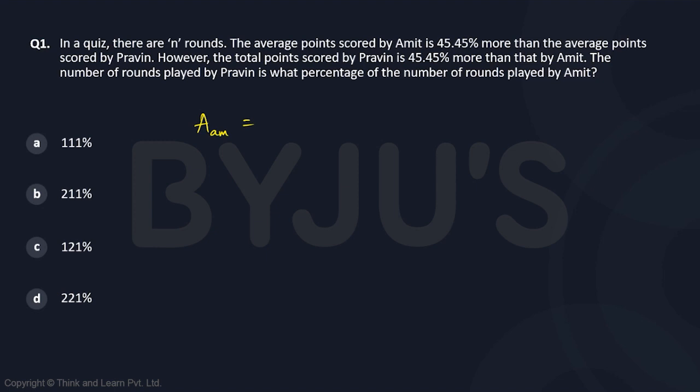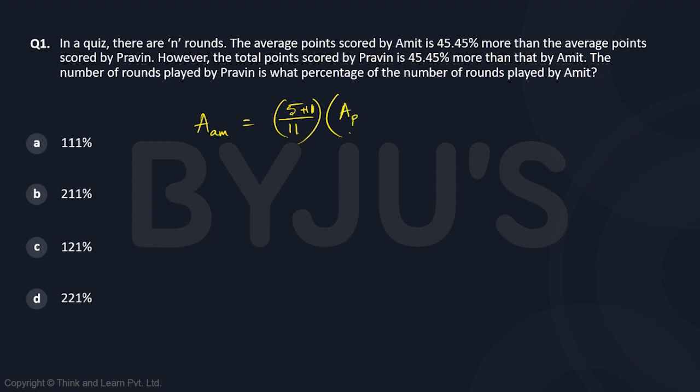It is 4 by 11, because 45 is a multiple of 9. So 5 by 11 more than the average of Praveen, and more than means plus, so 1 plus 5 by 11, which makes it 16 by 11 of the average of Praveen.